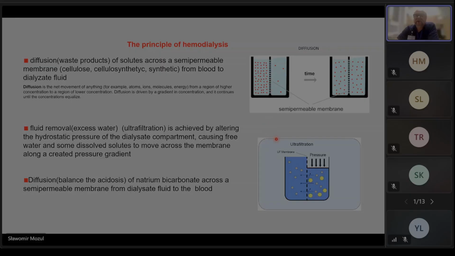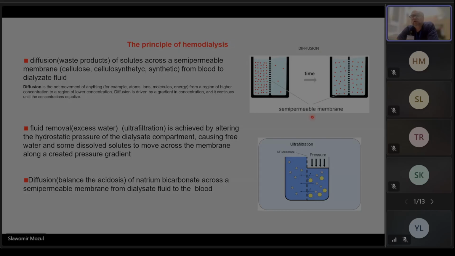This membrane contains pores through which water and small dissolved molecules, smaller than the pore size, can pass. The process continues until the concentrations of these molecules equalize on both sides of the semi-permeable membrane.